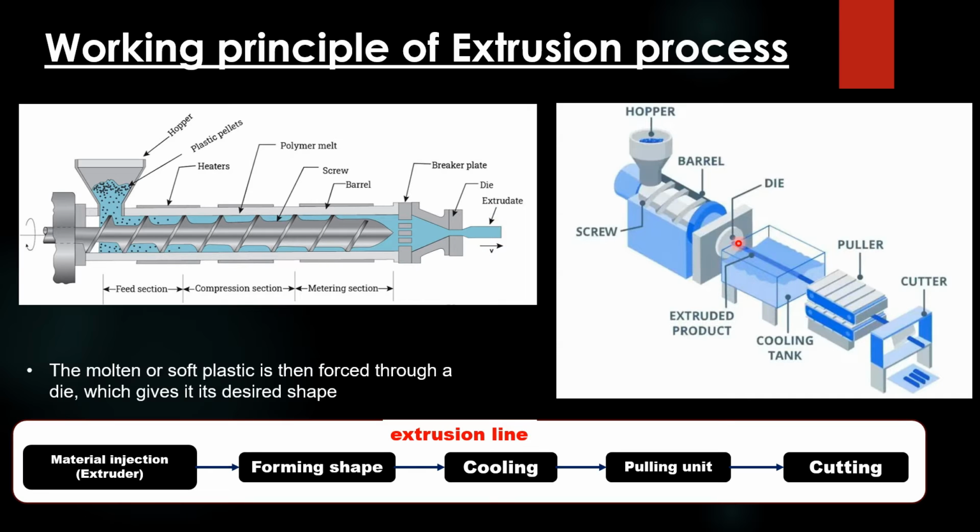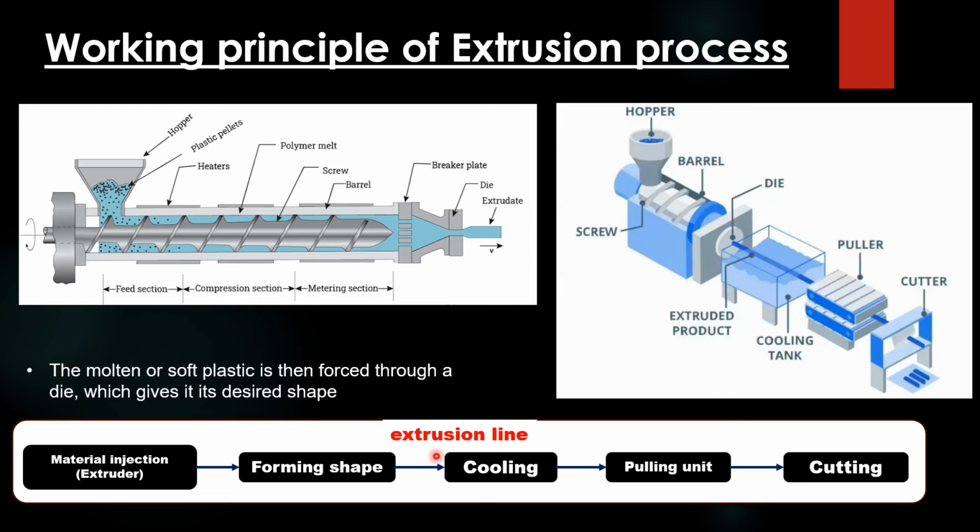Here the coolant tank is there, and it makes the material hard, and then we pull the material; it is a continuous process. In the cutter, we cut the continuous section at the required length, and we get the parts continuously.